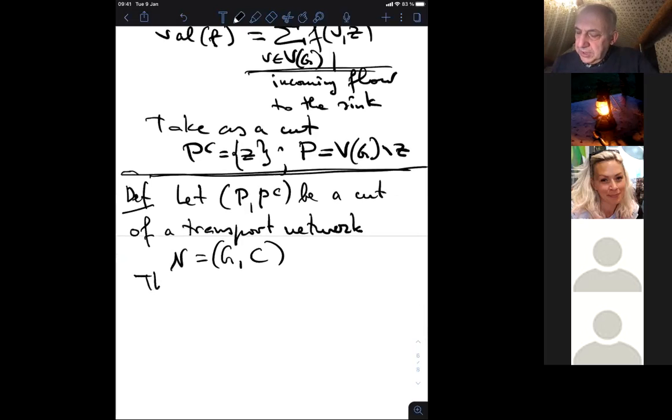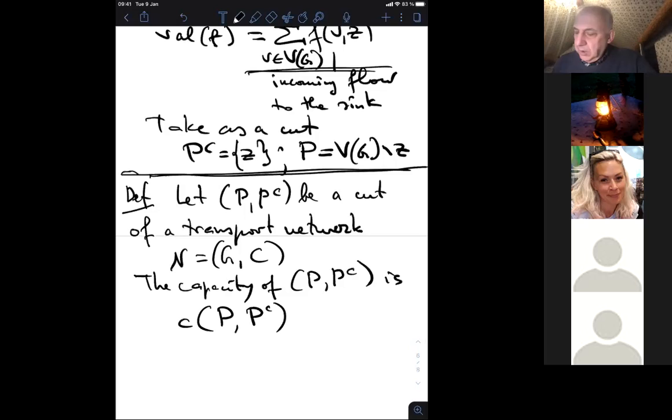Now the capacity of this cut is by definition the sum of the capacities of all edges from P to P complement.